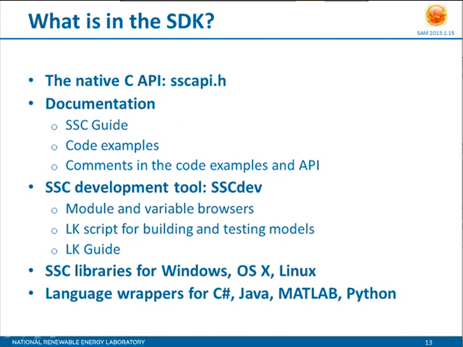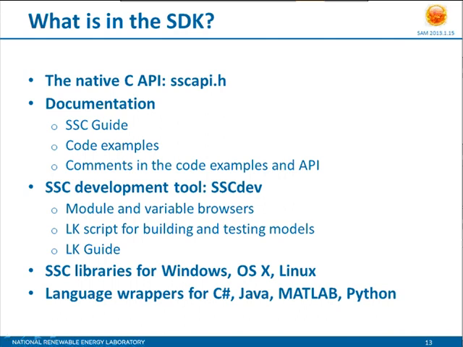Okay, so what's in the SDK? I'll show you the SDK in a moment, but let me just review what's in it before I do that. The native API is a C API. We call that the native C API. So it's just a header file. And then there's documentation.